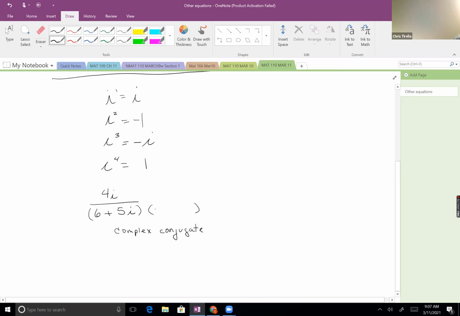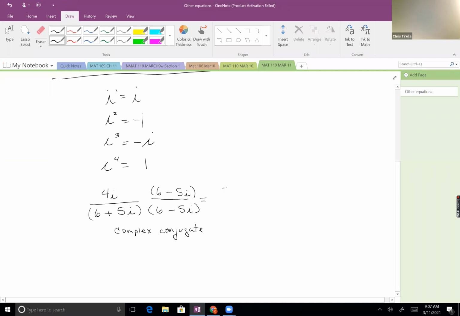Since this is 6 plus 5i, the conjugate would be 6 minus 5i. Because we're working with fractions, whatever we multiply the denominator by, we want to multiply the numerator by the same thing, because we want to just multiply by 1.